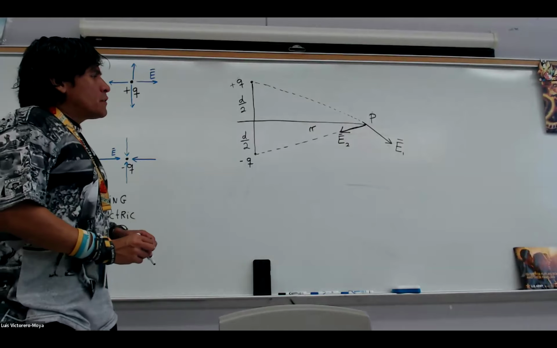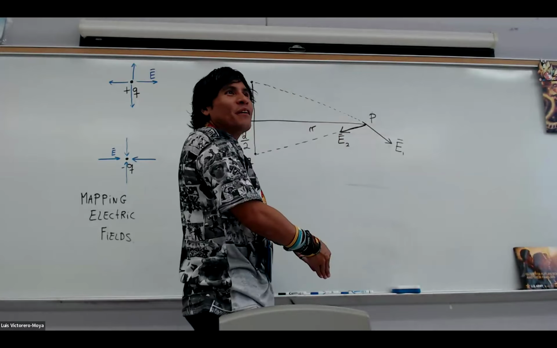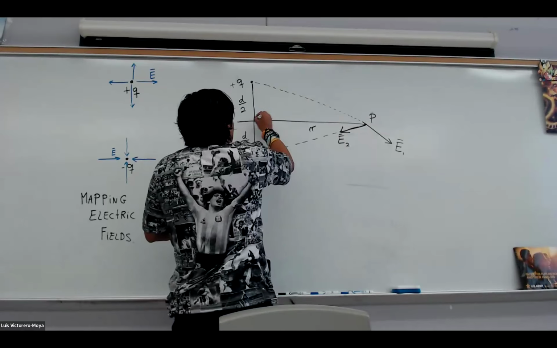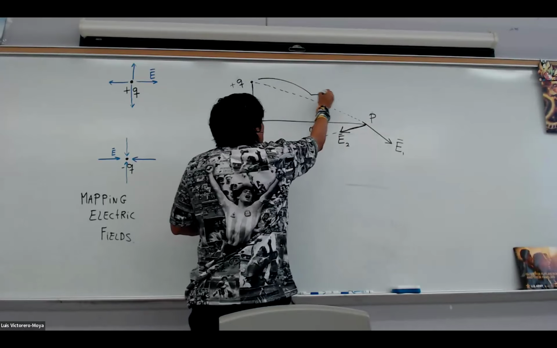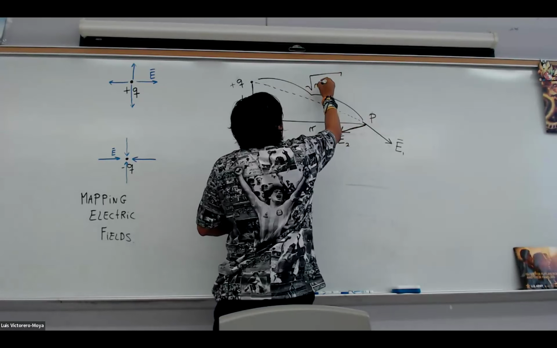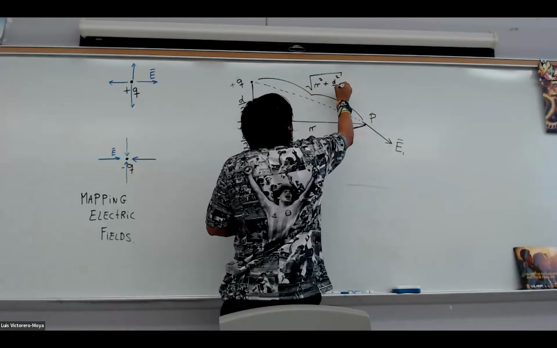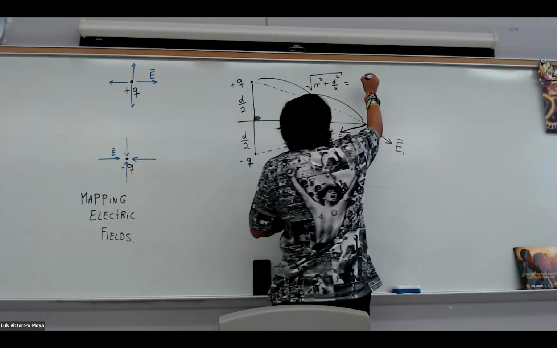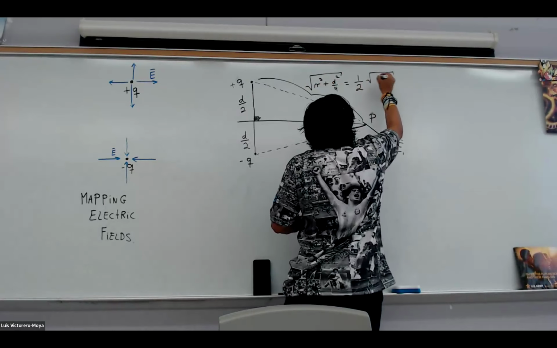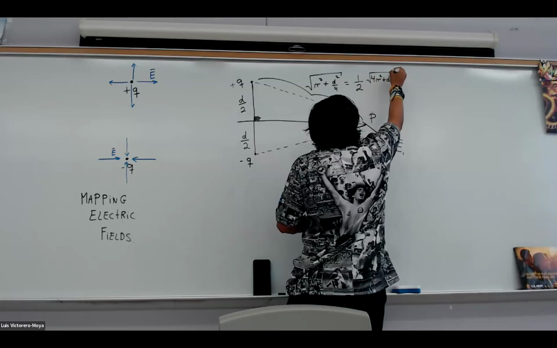And what you're going to notice is that the overall direction is going to be on the y-axis because these both have the same charge. Now, this is 90 degrees. So what's the distance here? That's the square root of R squared plus D squared over 4, which basically is 1 over 2 square root of 4R squared plus D squared.